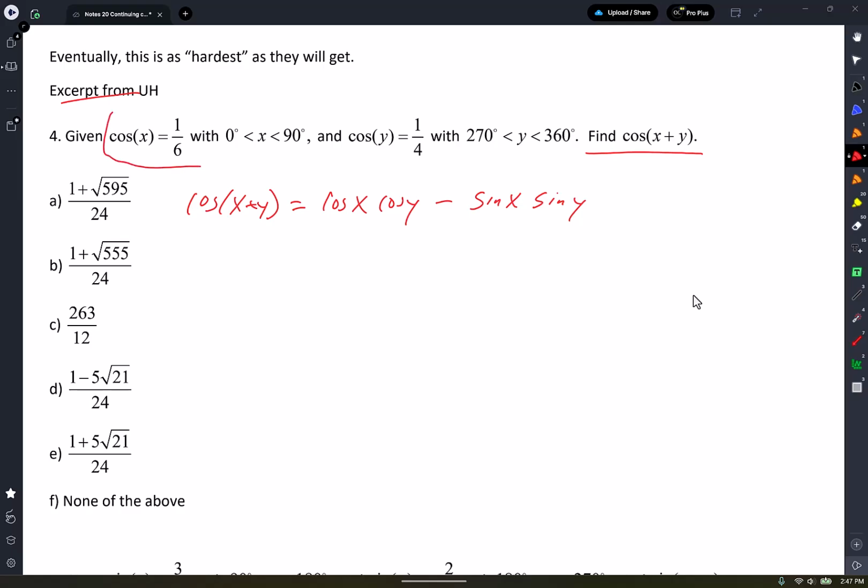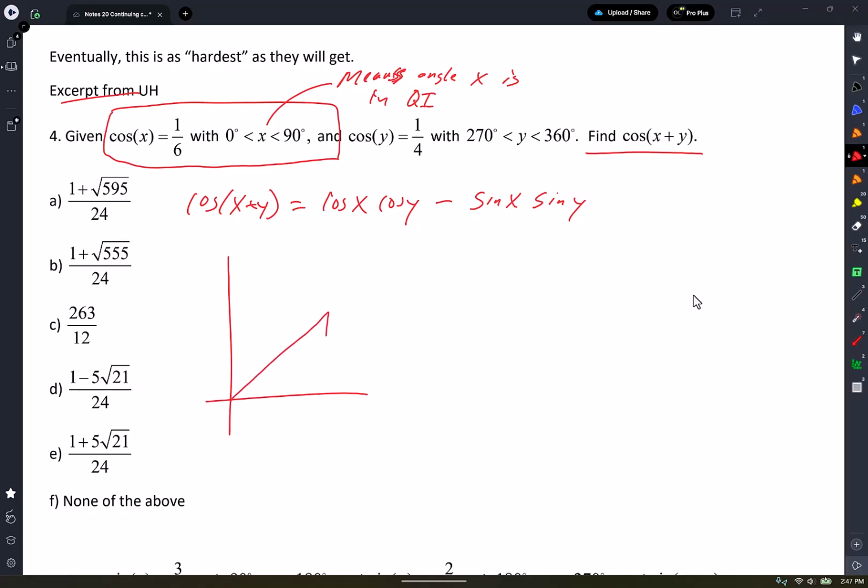It says cosine x is 1 over 6, and x is in quadrant 1. So here it is. Angle x, quadrant 1.